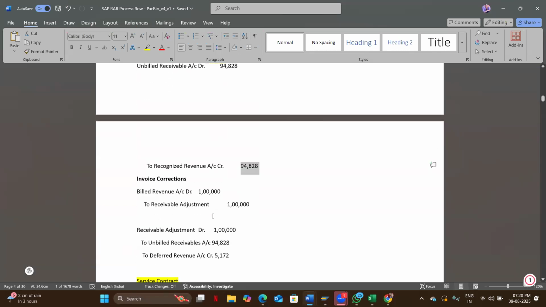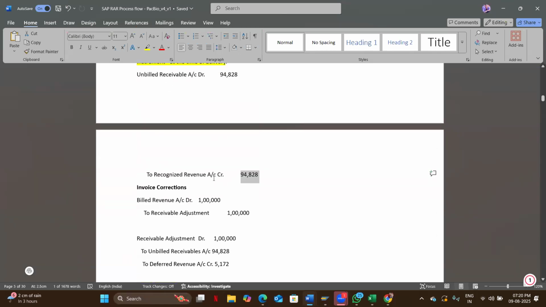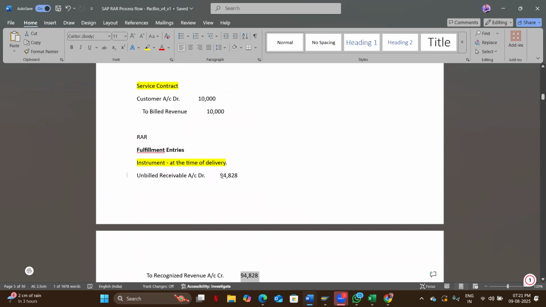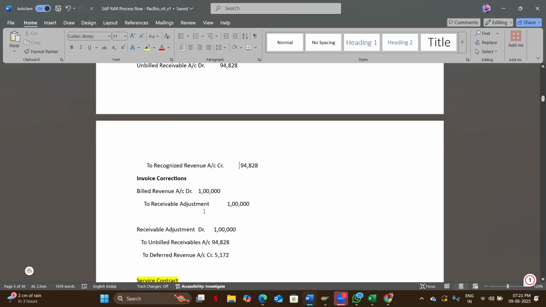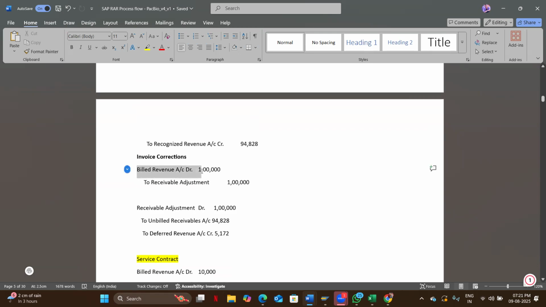And if the customer paid, how much does the customer need to pay? 1 lakh. But our allocation is 94,828. The customer gives us 1 lakh for that particular product, but we recognized only 94,828. The remaining amount we need to adjust in the deferred revenue account. So you can see the billed revenue account and that 1 lakh went to the revenue adjustment account.